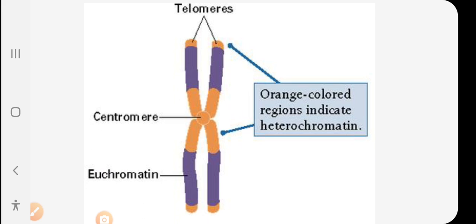If telomeres are short, what will happen? Every time some portion of the genetic information goes missing, every cycle of replication. If the telomeres are very long, having very long repetitive sequences, the telomere can protect the chromosomes from disintegration.